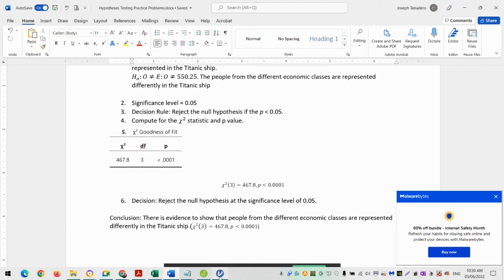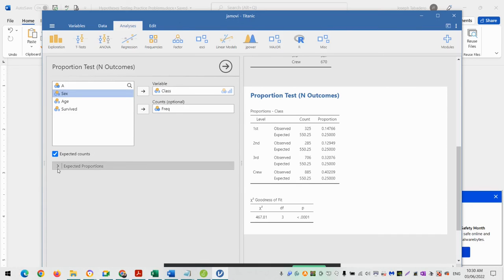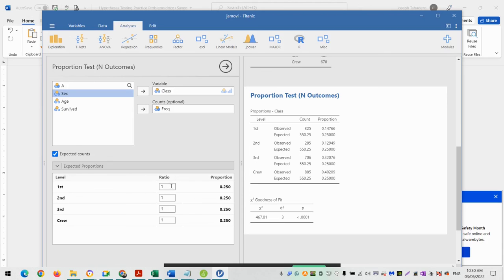Now, going back to our JAMOVI, makikita nyo na merong option dito for expected proportions, at makikita nyo na yung ratio dito ay 1:1:1:1 lahat. And this is for the null hypothesis that the numbers are equally represented. But of course, you can set yung proportions natin dito to different proportions, especially if you know the economic class distribution during the time of the Titanic.